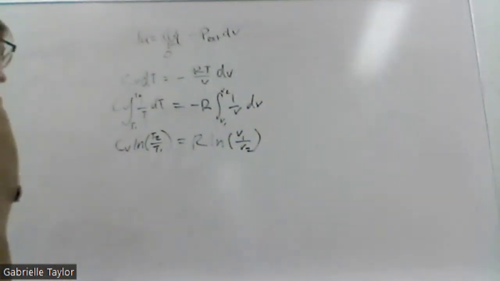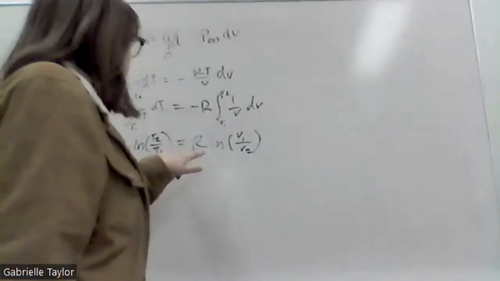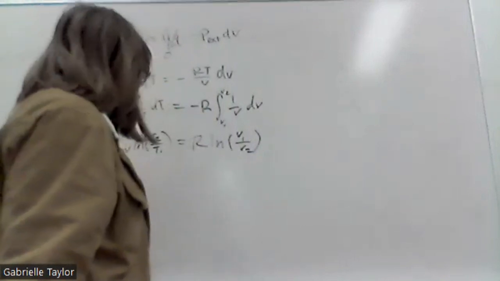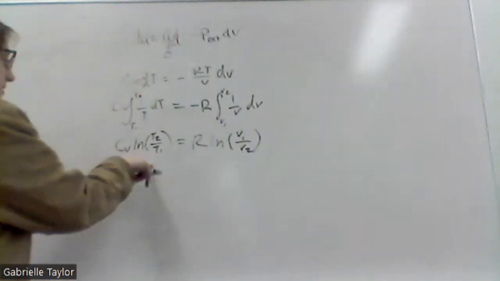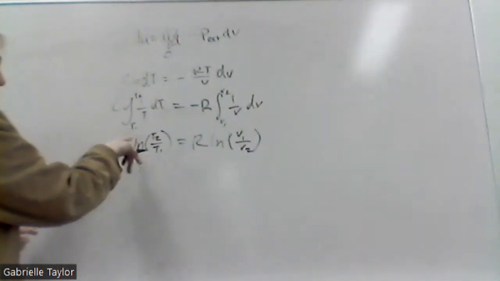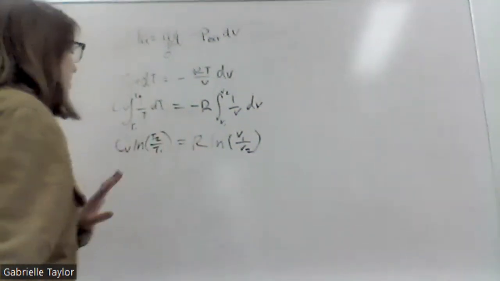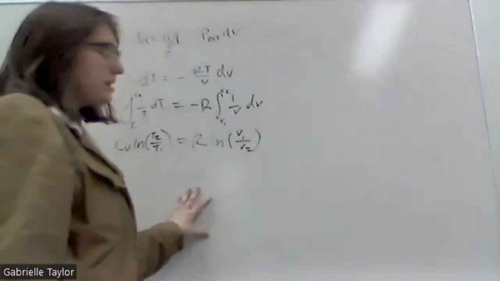Now that we see that we have ln's on both sides and two constants, I say we bring the constant over, and when we bring this constant over, we're going to have it in front of our ln, and then we bring it up to the top as an exponent, and then we can cancel out our ln's.